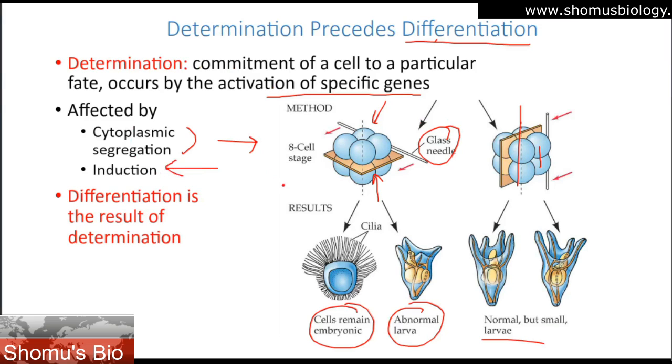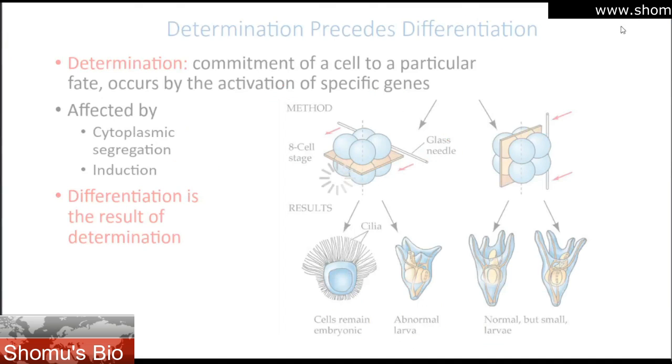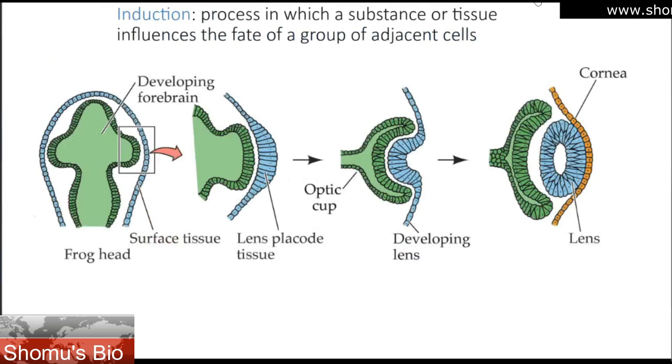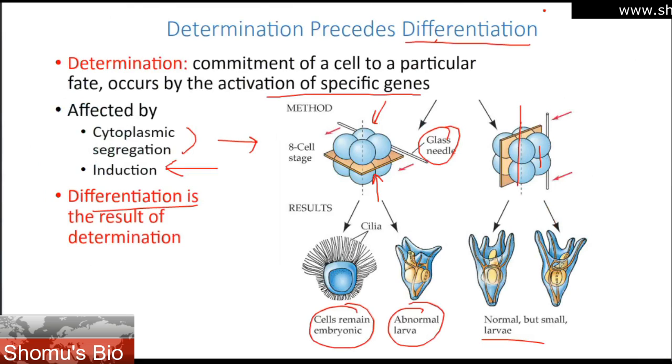Now this determination, we know that once a cell is determined to produce a certain organ, that leads to differentiation between the types of tissue. There are different tissue types, they're differentiated because they are determined to have a particular structure.